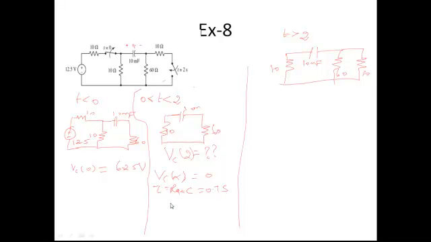Tau is equal to 0.7 seconds. So you apply the general equation. You get Vc of t equal to final voltage 0, plus initial voltage 6.25 minus 0, into e power minus t divided by 0.7. This is the answer for Vc of t for t between 0 to 2.